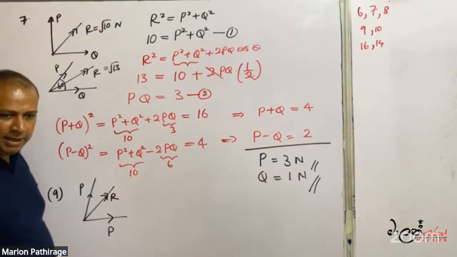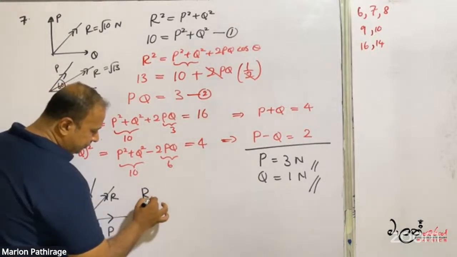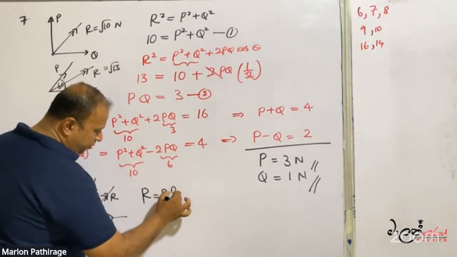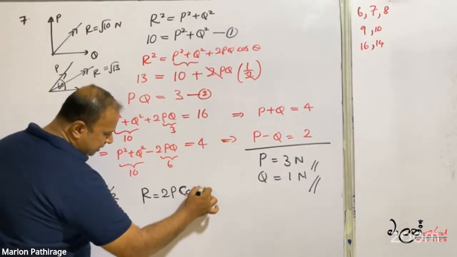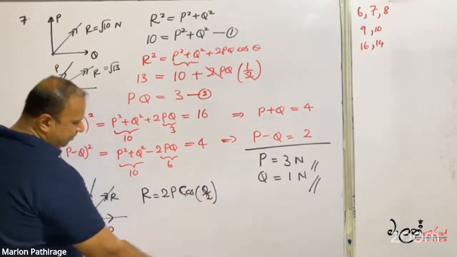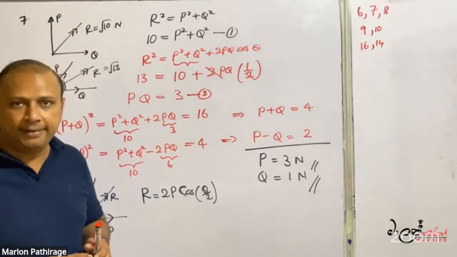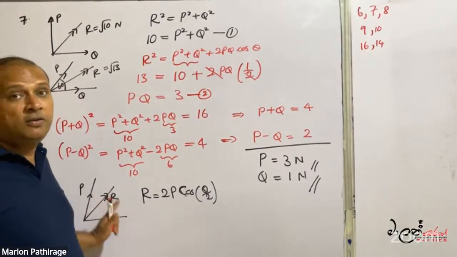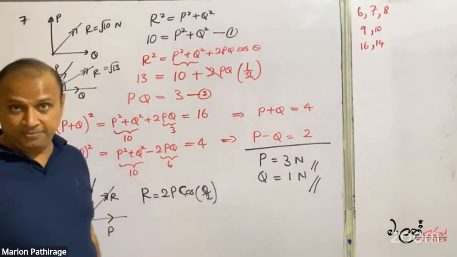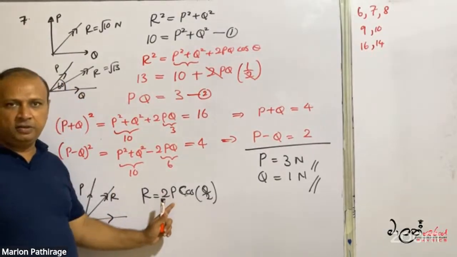R is equal to 2P cos theta over 2. This is the equation, or the way of taking the resultant force of two equal forces acting at the same point.